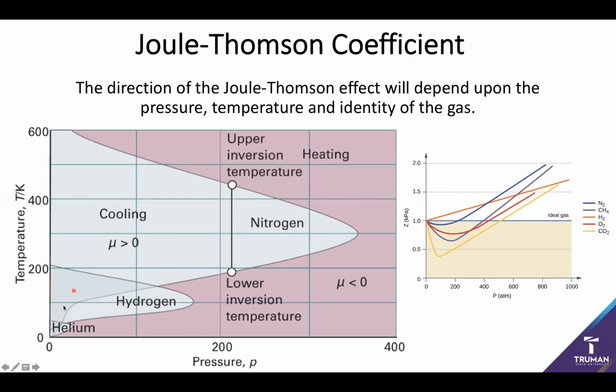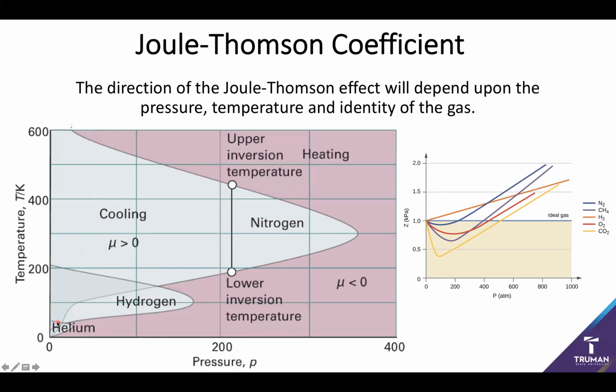Now, we can go ahead and examine some of these for, say, low pressure or room pressure conditions. And under these conditions, we see actually quite a variety of upper inversion temperatures. Because again, we're not too often going to refer to lower inversion temperatures because they tend to be so low. We're more likely going to encounter the upper inversion temperatures.